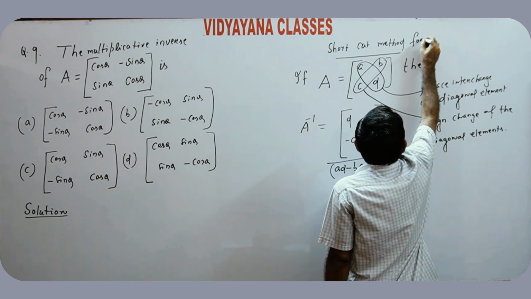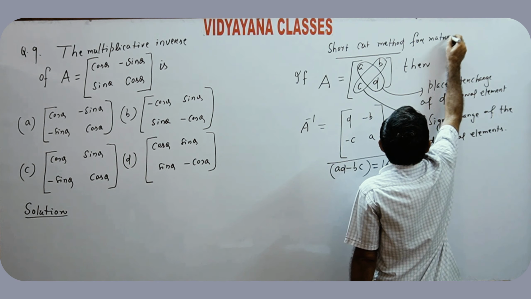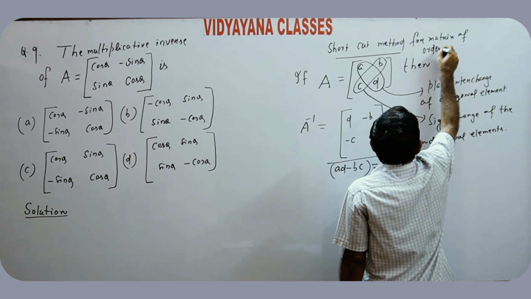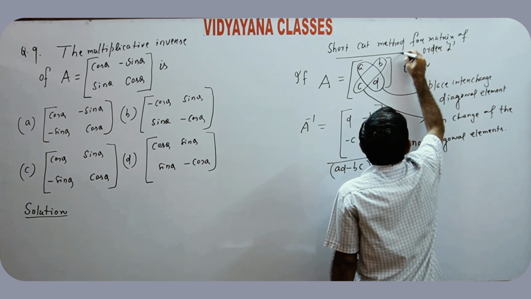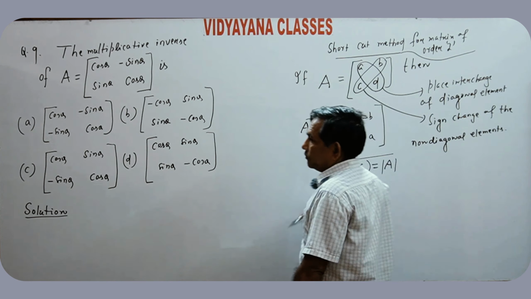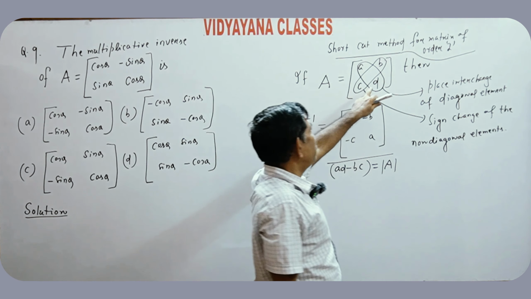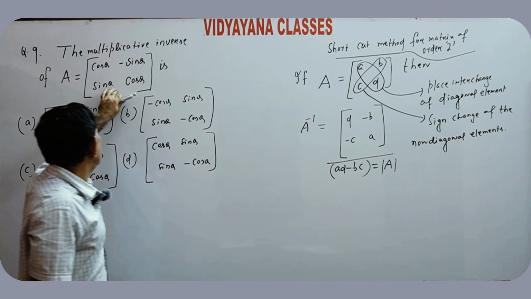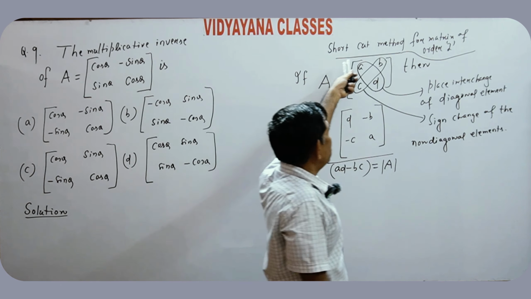Inverse for a square matrix of order 2. It is a square matrix of order 2, so we can apply the shortcut method.